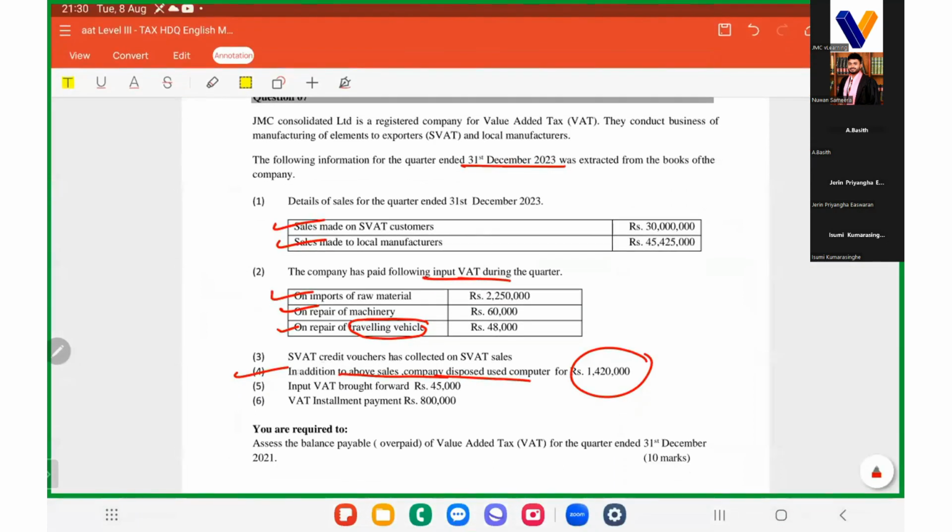Then SVAT credit vouchers collected on SVAT. How much did they collect on SVAT? Then here 15% on this value. Let's see, right? Brought forward input VAT 45,000.